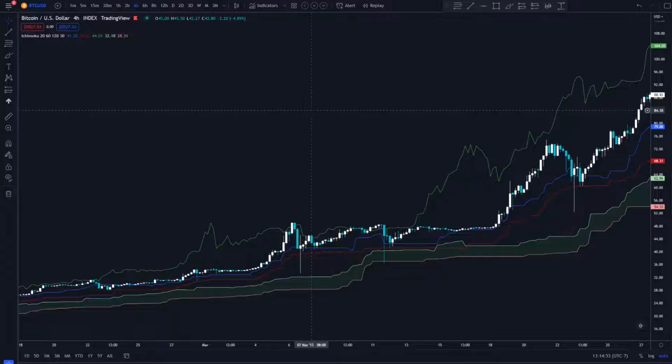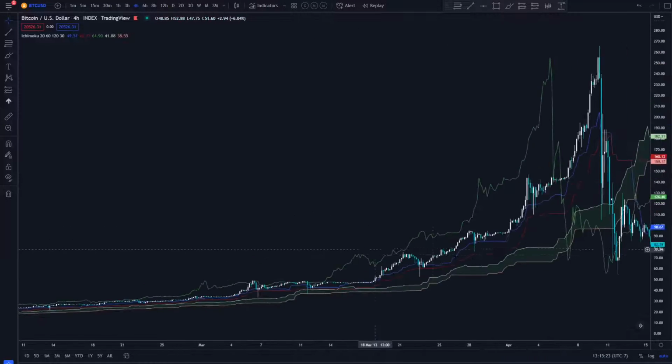So the long conditions: first, your conversion line and your Kijun line need to be crossed bullish, and that is when the conversion line is above the baseline, so the blue line is above the red line. The second condition is that both lines need to be above the cloud. Your third condition is that the cloud must be twisted bullish in the future.